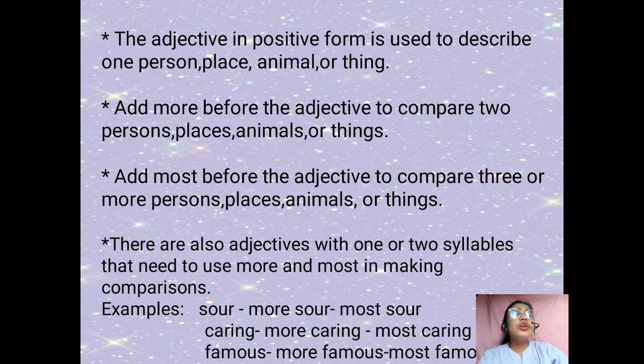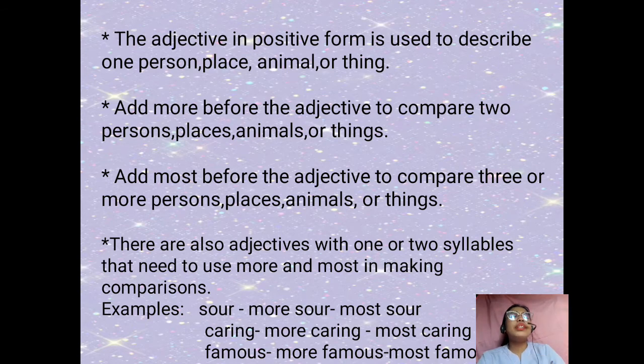Okay, so just like in comparative adjectives, in superlative adjectives, when an adjective or describing word has 1 or 2 syllables, we're going to add est at the end of the word. But if it has 3 or more syllables, we use most before the adjective.